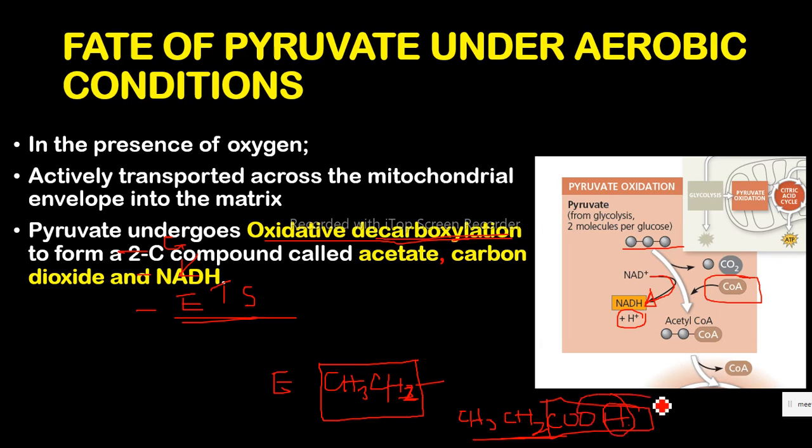The carboxyl group that is lost is turned into carbon dioxide. And then the hydrogen ions that are lost together with the electrons combine with the oxidized form of NAD to form the reduced NAD. And now together you form an acetyl group.